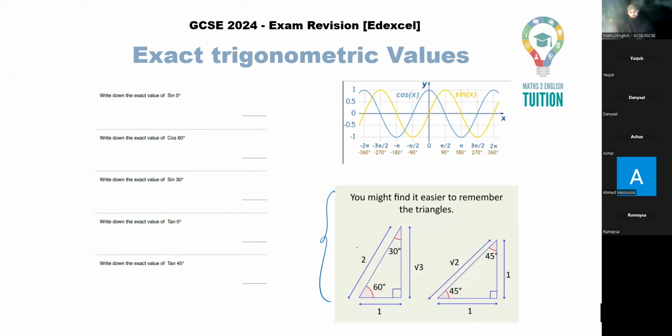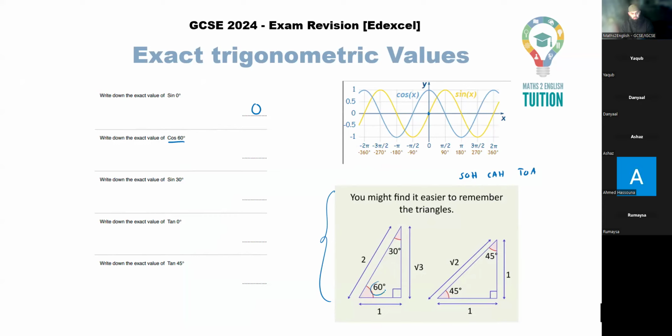For example, if I memorize these triangles, I should know what sin 0 is. In this scenario over here, sin 0 is at this point, so it's going to give me 0. As for cos 60, I'm looking at SOHCAHTOA. CAH is adjacent over hypotenuse.